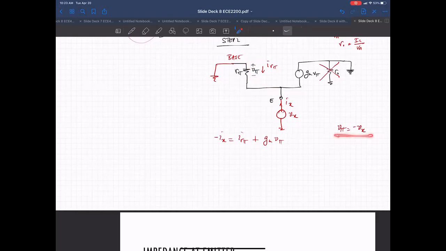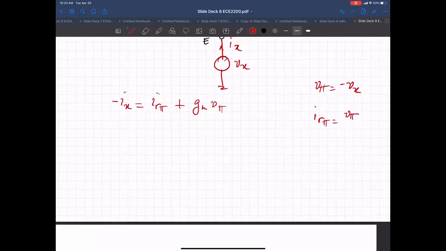So V sub pi is minus V sub X. And therefore, the current through R sub pi would be V sub pi over R sub pi, or minus V sub X over R sub pi. Okay, so that's this first current.